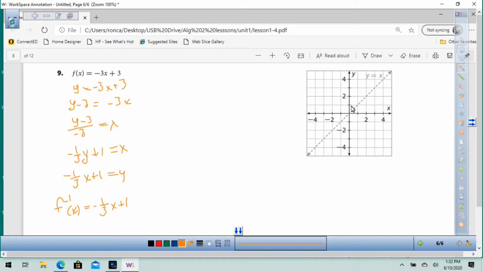So let's go ahead and graph this. Plus 1, you see why I rewrote it like this. And then my slope is negative 1/3. So I go down 1, and right 1, 2, 3. And there we go.